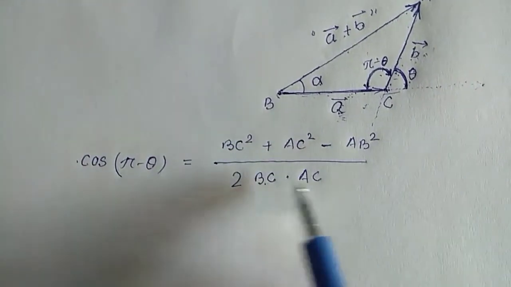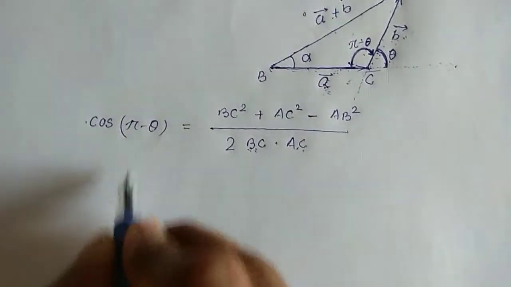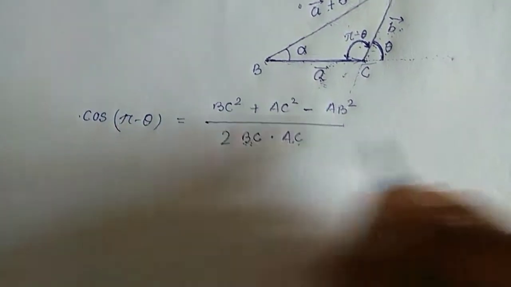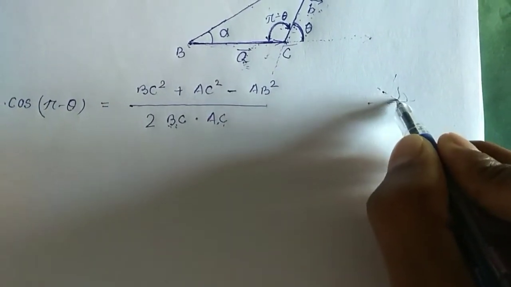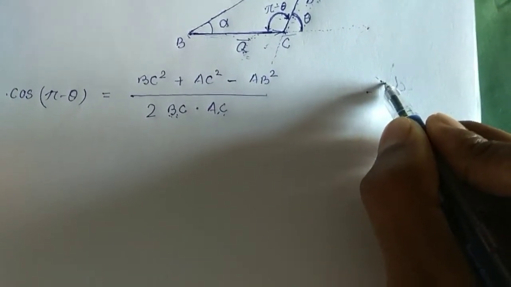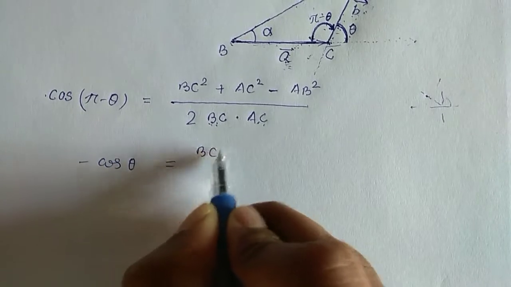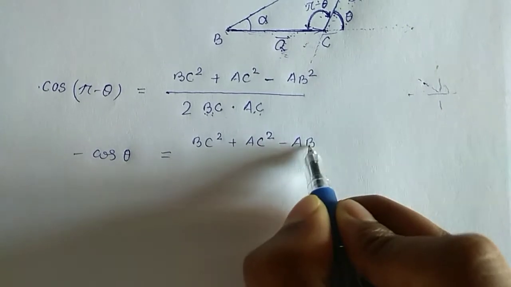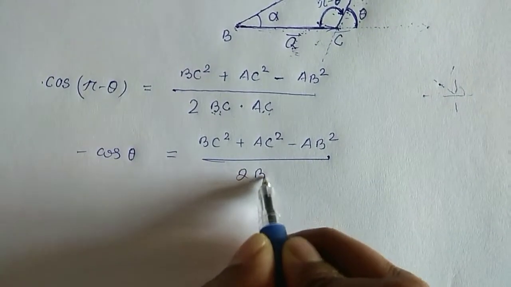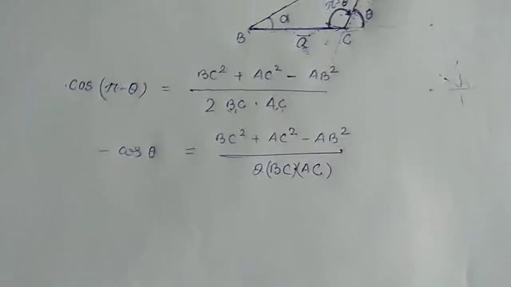These are actually called the geometrical lengths of the vectors. This angle is in the second quadrant, and cosine is negative in the second quadrant. Suppose this angle is pi minus theta, second quadrant, so minus cos theta equals the square of the length of side BC plus the square of the length of side AC minus the square of the length of AB, divided by 2 times BC into AC, the lengths of BC and AC.